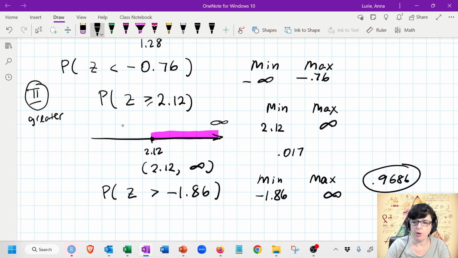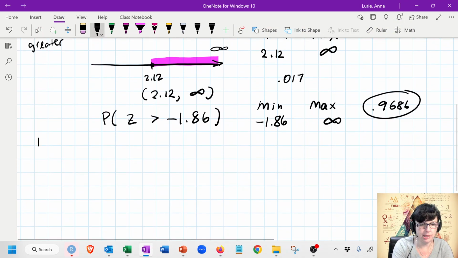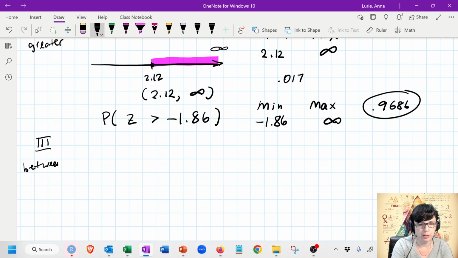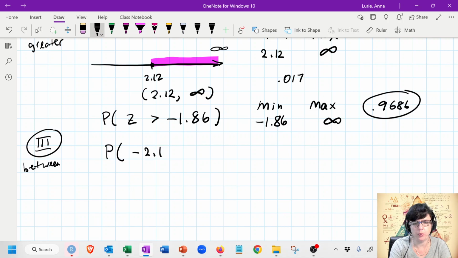Okay, so let's look at the last case, which is case 3, and this is what we call the between probability. This is even easier. For example, I want to know what's the chance that z is between negative 2.13 and, for example, 0.36. This is between, very easy, because this is your minimum and this is your maximum.